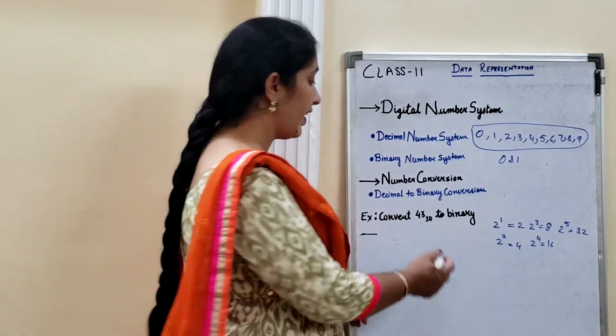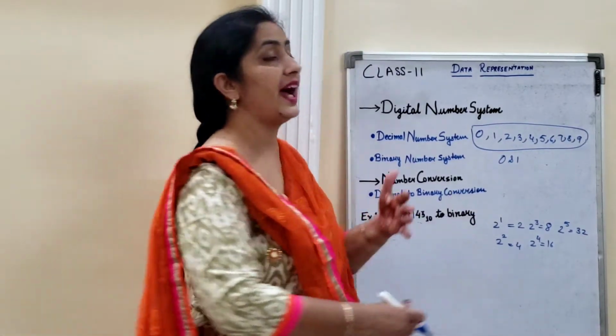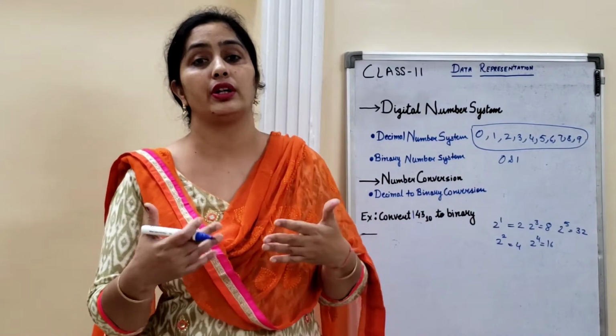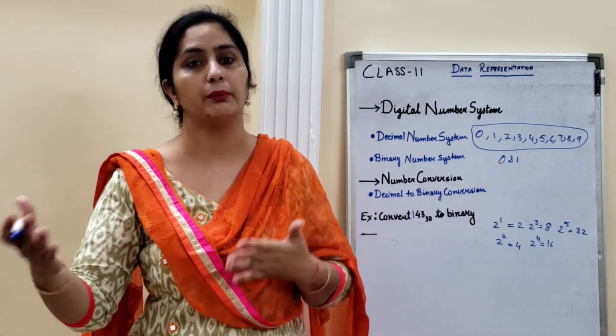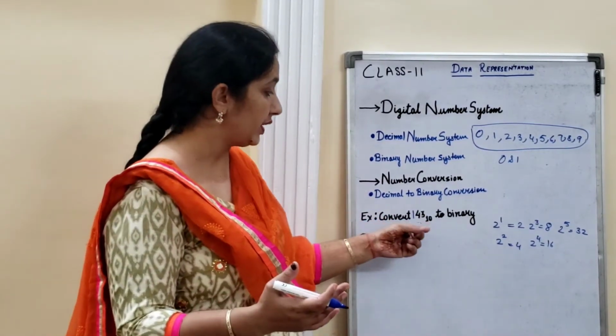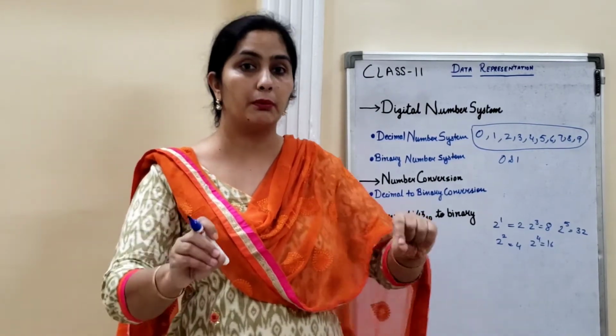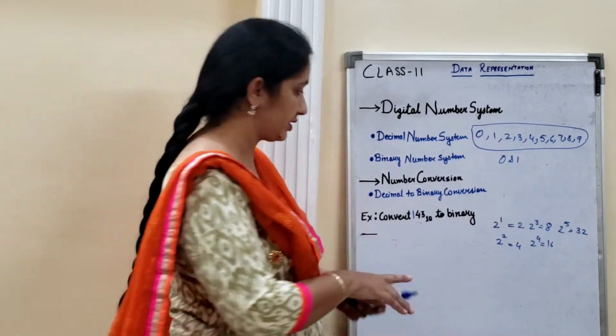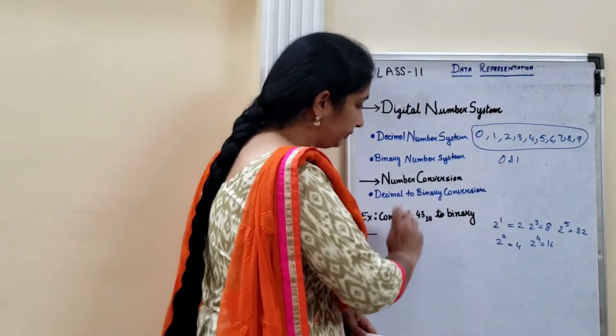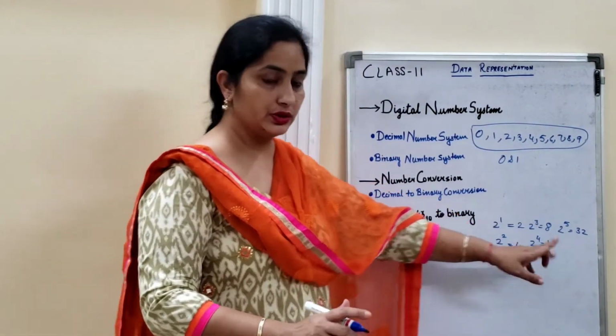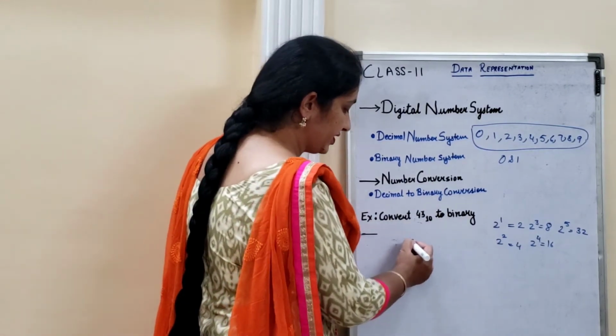If you have 143 here, in that case you need to increase the powers of 2 until you can cover 143. That entirely depends upon the number you are given. Now this 32 will be my first bit.